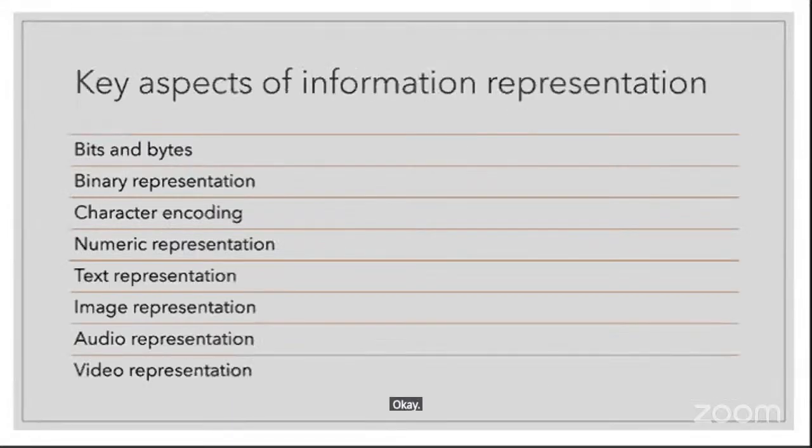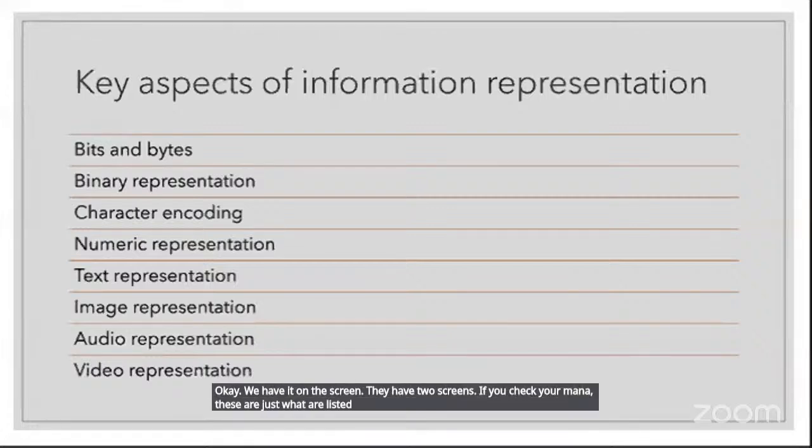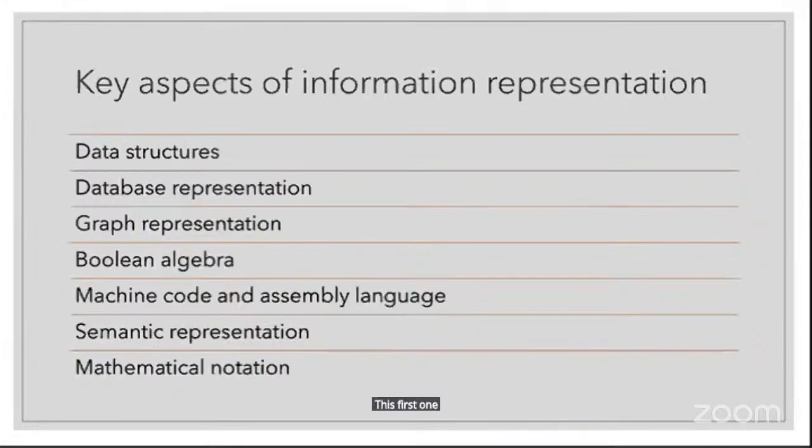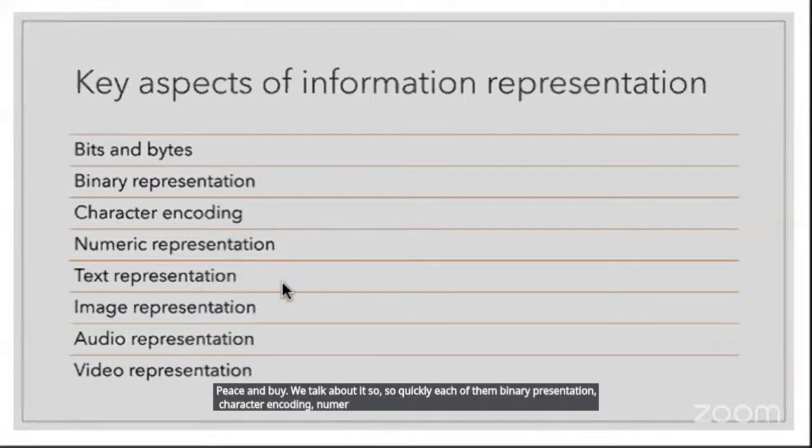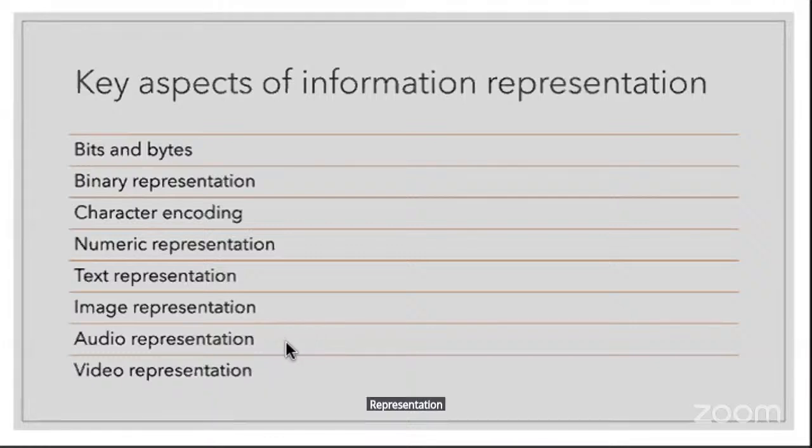We have it on the screen. We have two screens. If you check your manual, these are just what I listed there. I have two screens, this first one and this second one. So this is just a continuation. Bits and bytes. So I dedicated a slide to each of them. Binary representation, character encoding, numeric representation, text representation, image representation, audio, video.